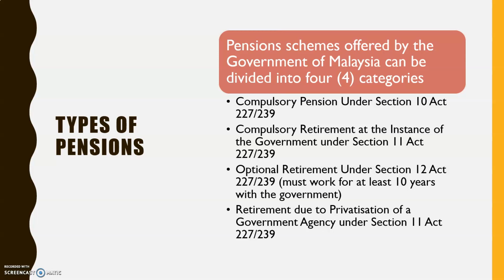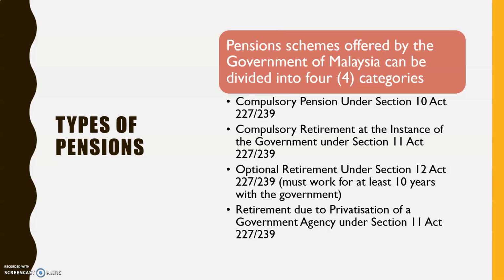And fourthly, the last category is retirement due to privatization of a government agency under Section 11 Act 227/239. For example, when the government wanted to privatize Khazanah, it was initially under the government arm.